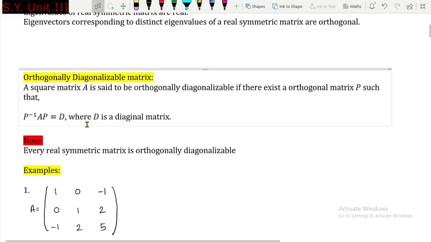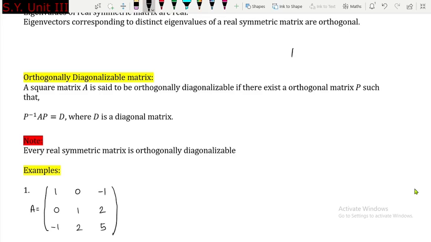I mean A will be orthogonally diagonalizable if A is similar to a diagonal matrix, no doubt about that, but in addition, the non-singular matrix that exists should be orthogonal. Now what do you mean by orthogonal matrix? We have already seen the definition. A square matrix is said to be orthogonal if A inverse is equal to A transpose. You already know the determinant of an orthogonal matrix is plus or minus 1.